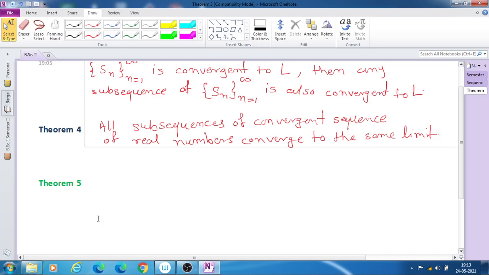Now we see the definition of a bounded sequence. So what is the definition of a bounded sequence?